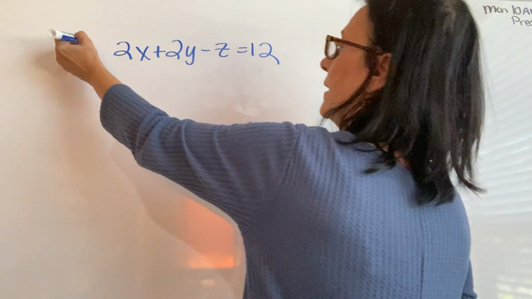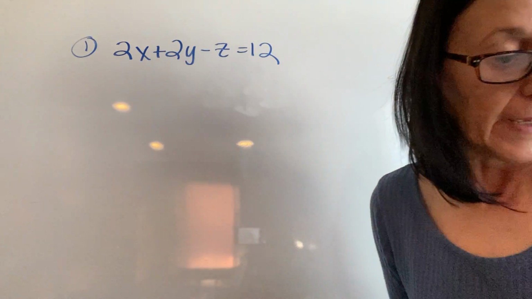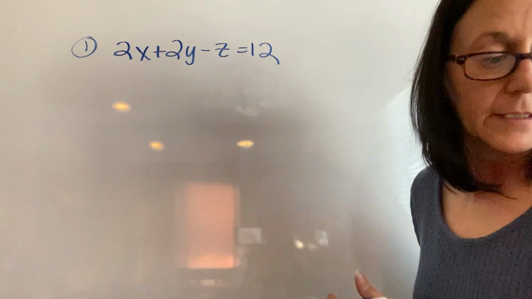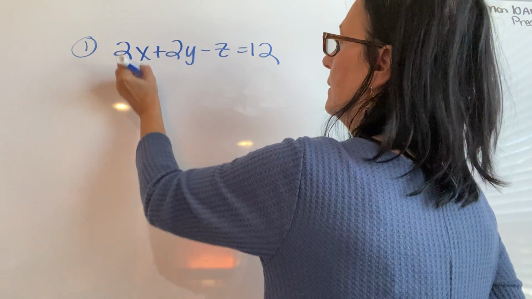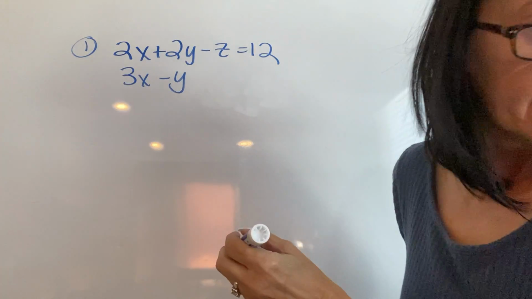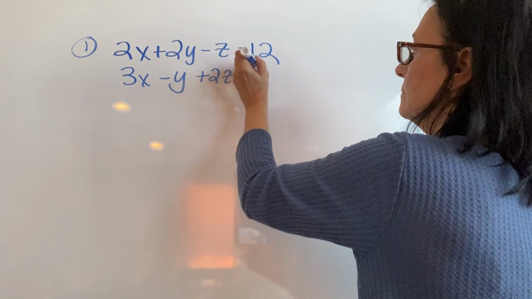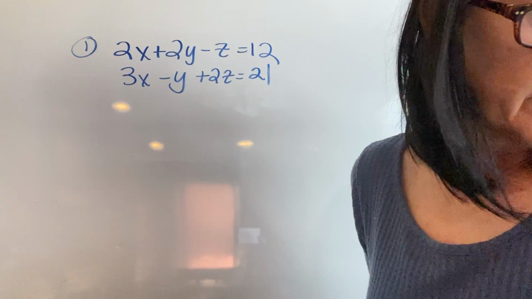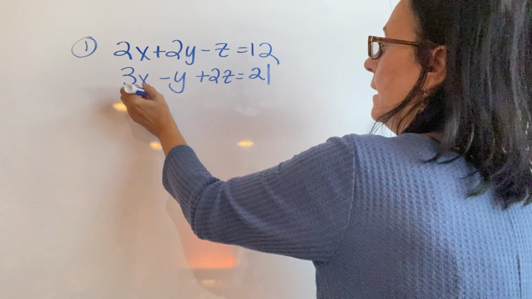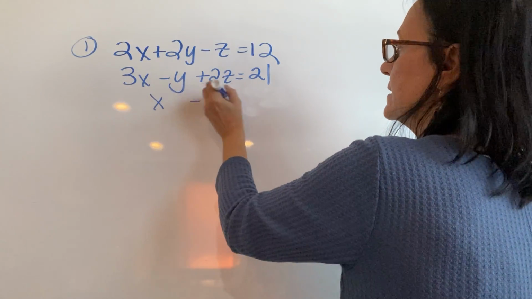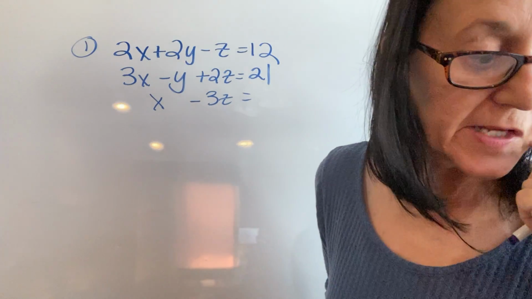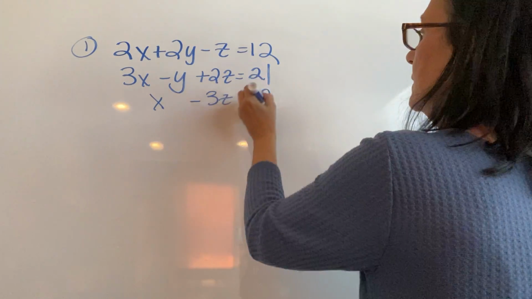They've labeled them A, B, C. It doesn't matter. 3x minus y plus 2z is 21. And the last one, x minus 3z is equal to 0.